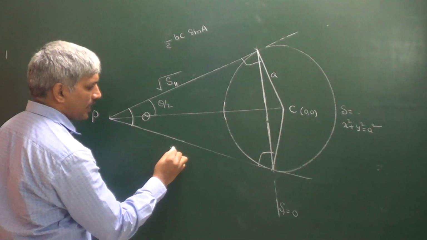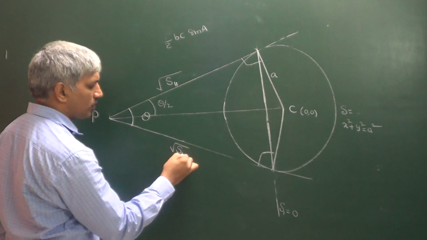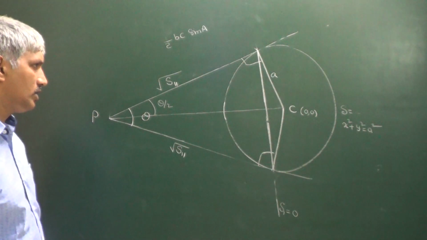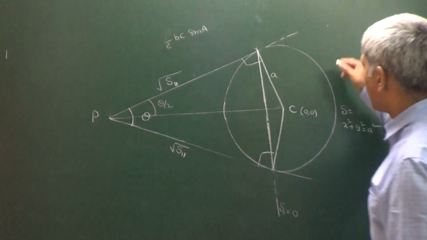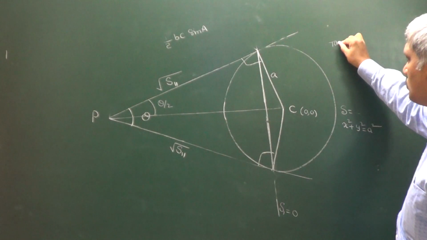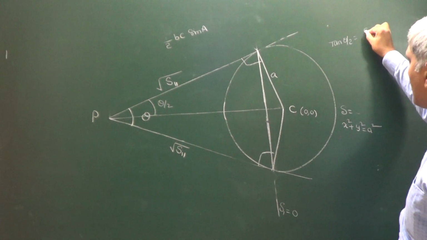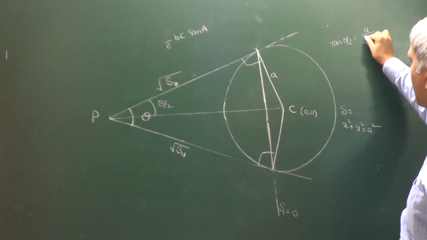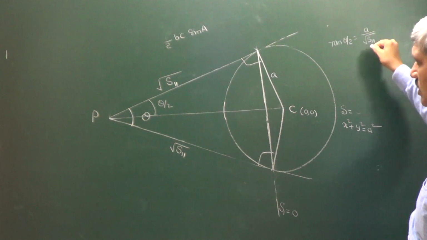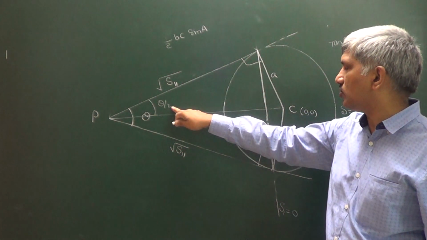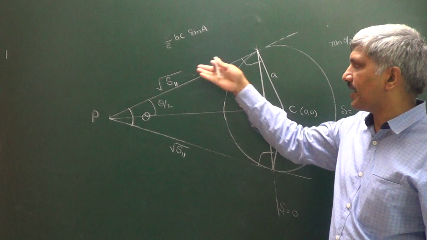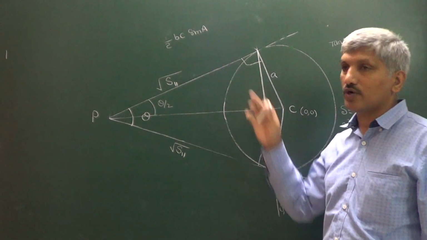This is also the length of the tangent, that is also equal to root over s11. I hope everyone knows, we discussed in the earlier classes, tan theta by 2 is equal to opposite side by adjacent side, a by root over s11.